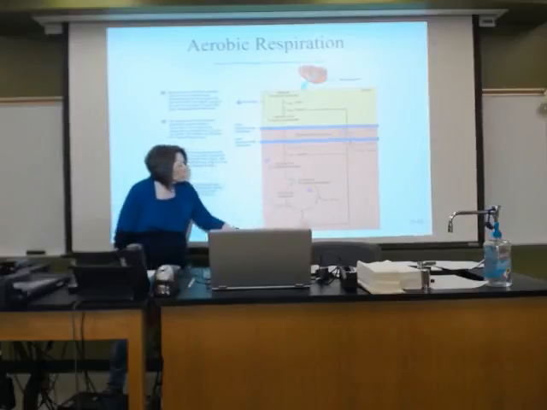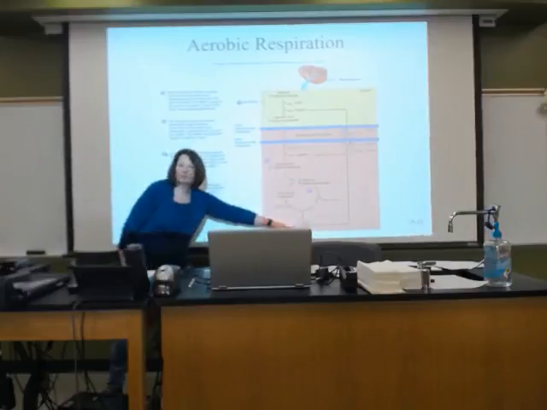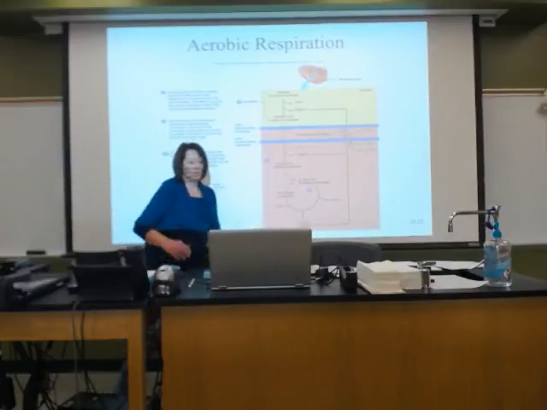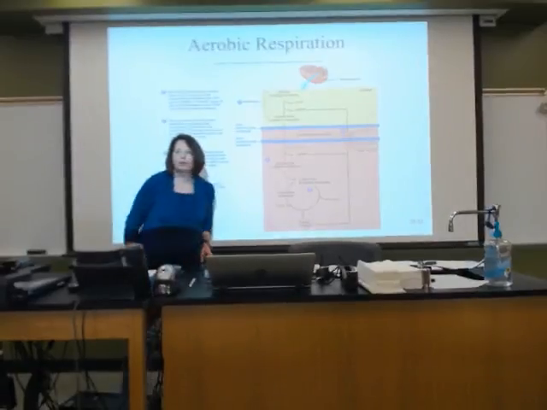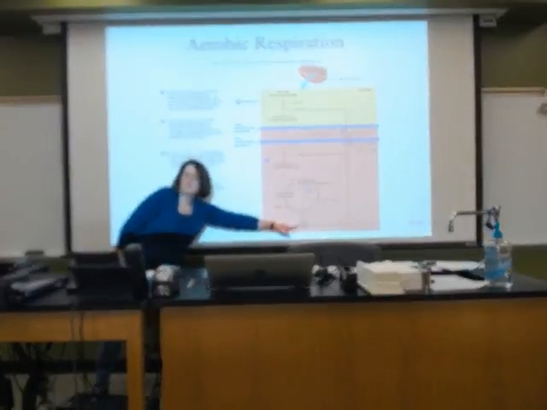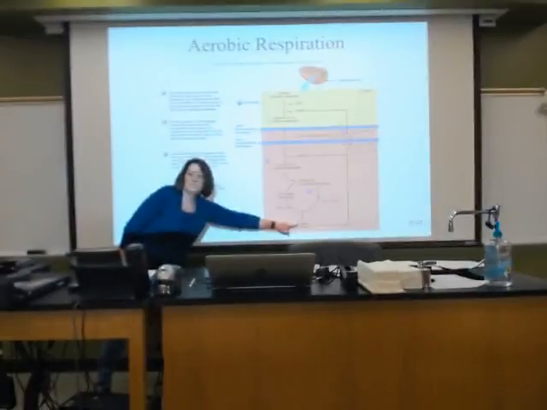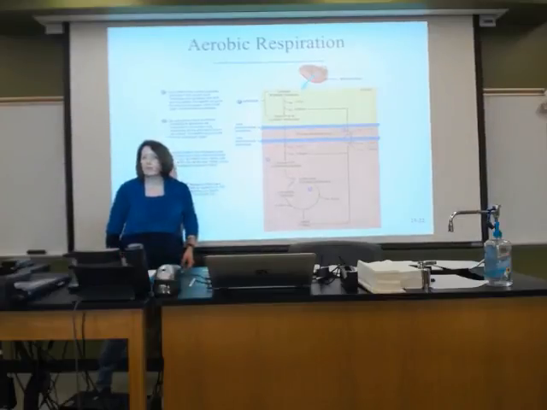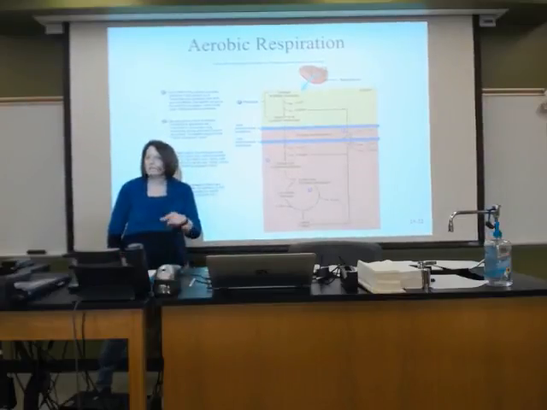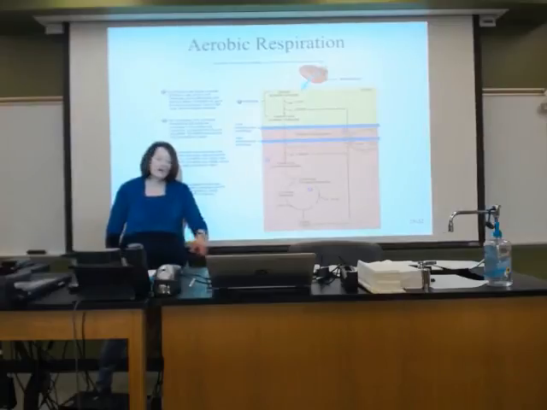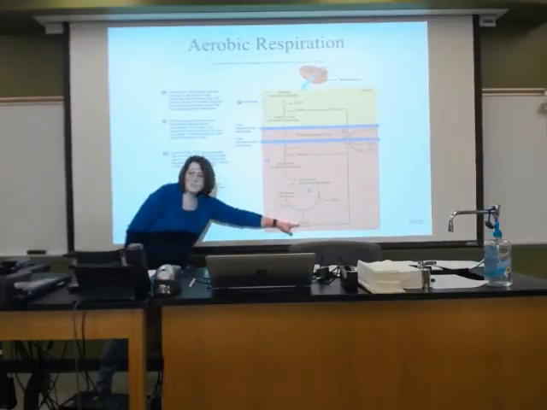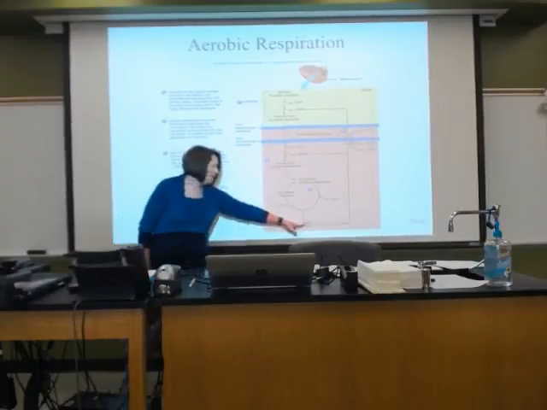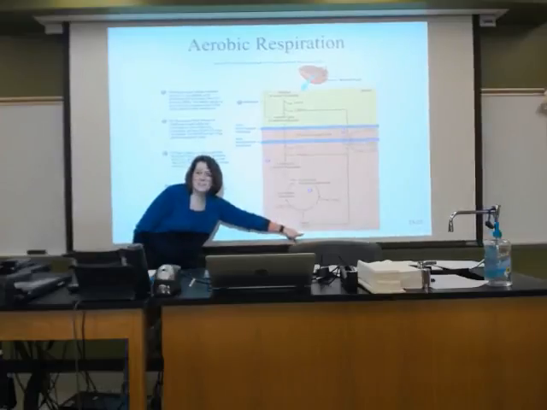Another step occurs. What do you see right here? We see NAD, FAD. What did we say they were? Electron carriers. So at this point, electrons got stripped off because it became NADH, FADH.